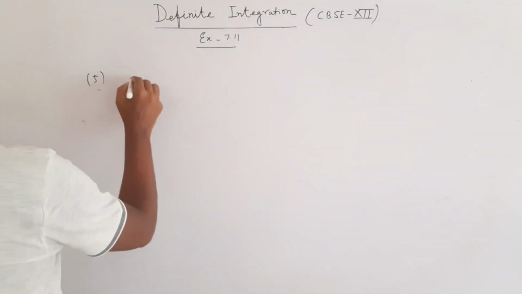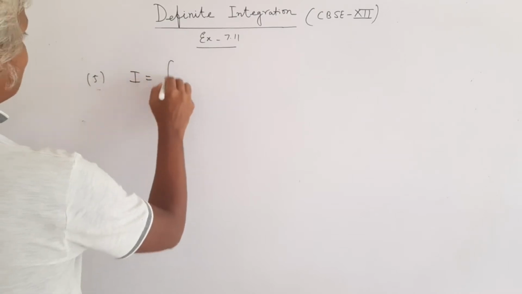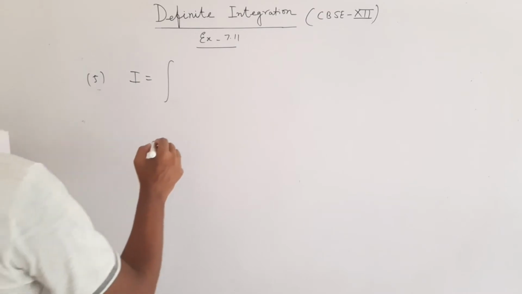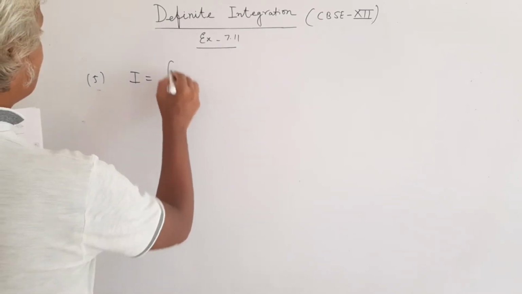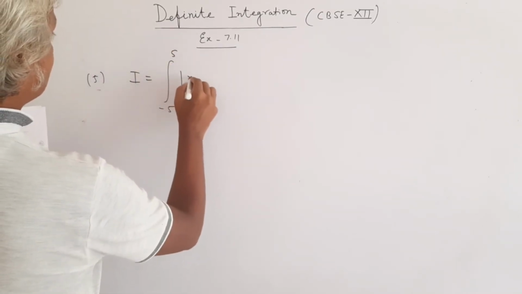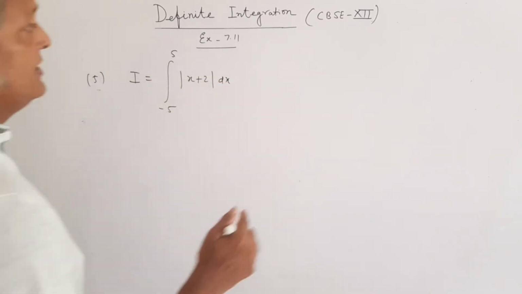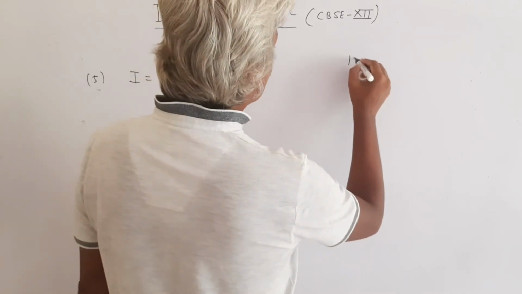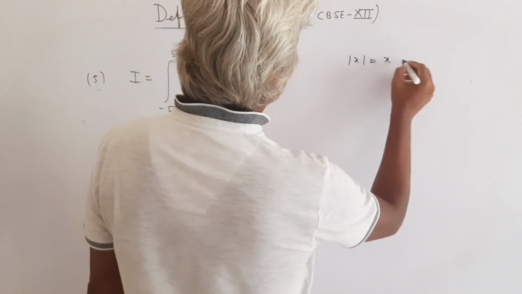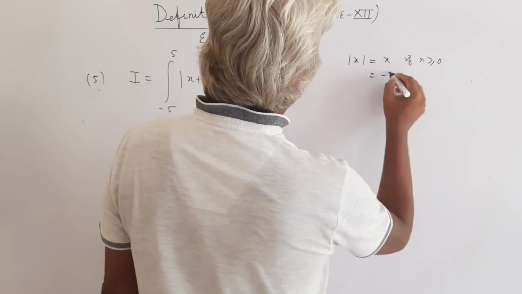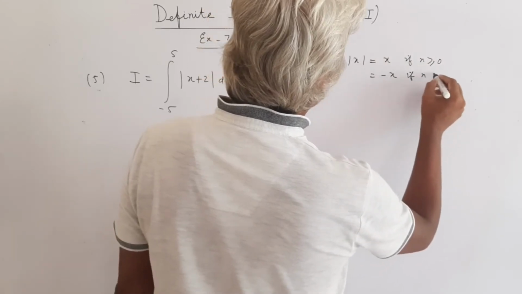Question number 5 asks us to find the integral I ranging from minus 5 to 5, and the function is mod of x plus 2. Now you know that the modulus function is defined as mod x is x if x is greater than or equal to 0, or minus x if x is less than 0.